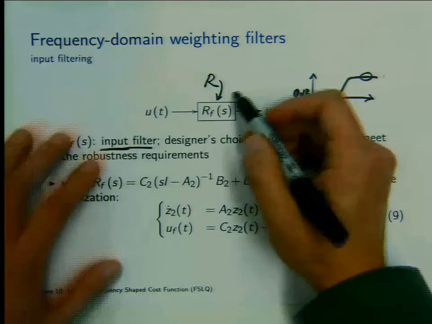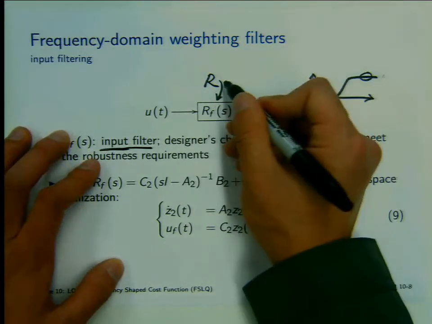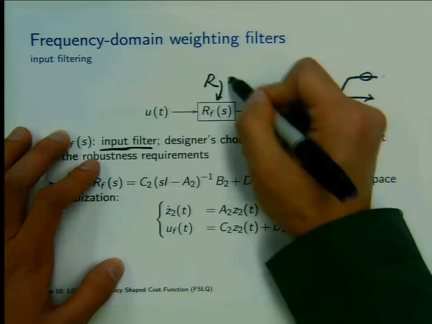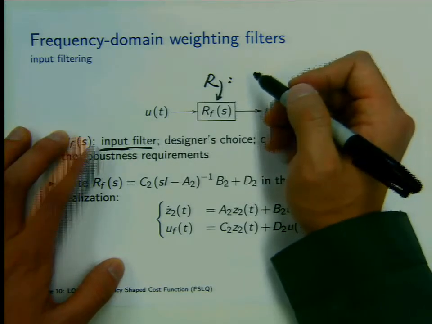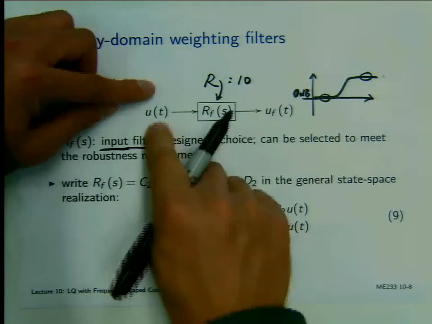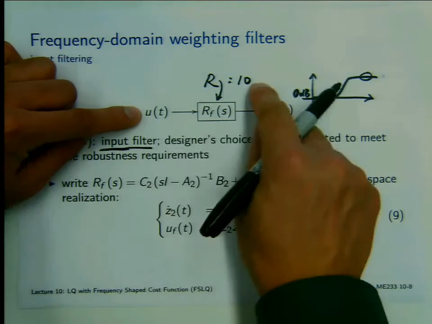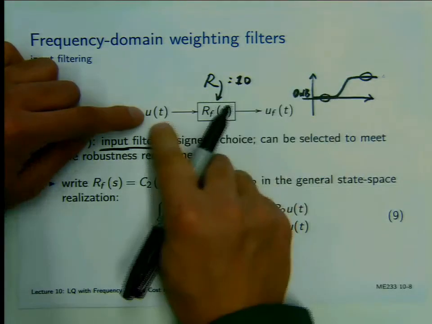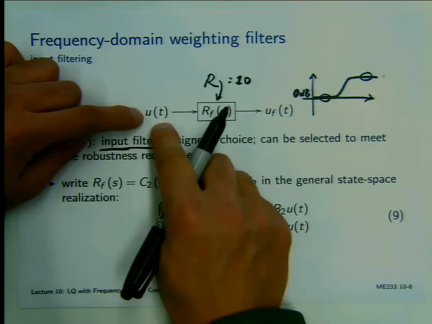Let's do a single input, single output example. If in the original LQ problem, we choose R as, for example, 10. And then someone came to you and said, 10 has the disadvantage that the high frequency component of U is not handled well.